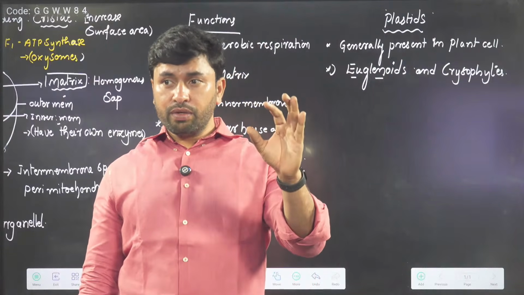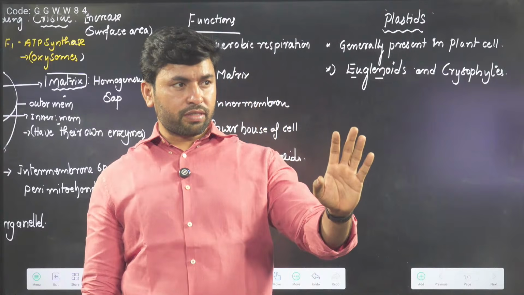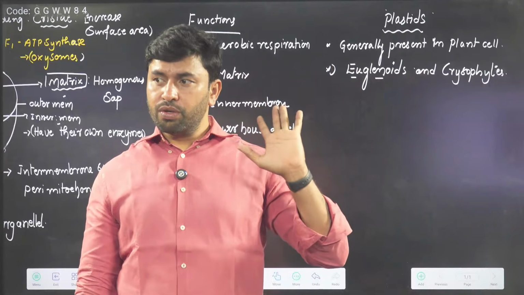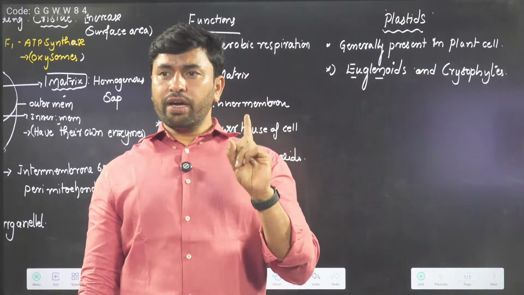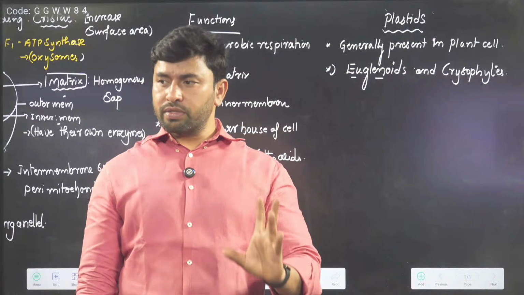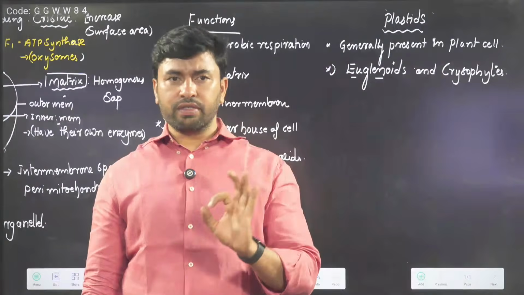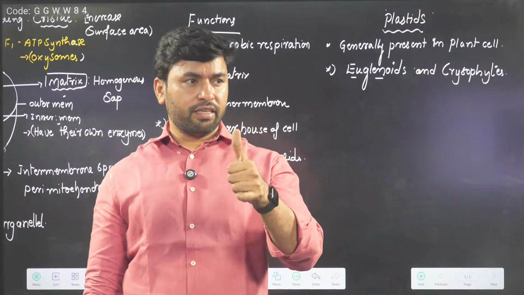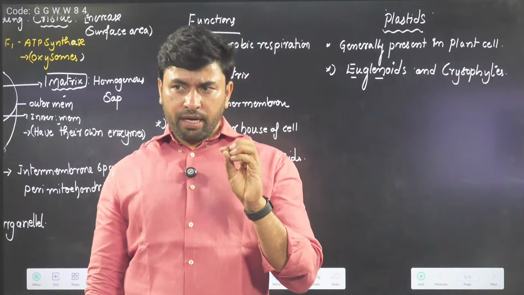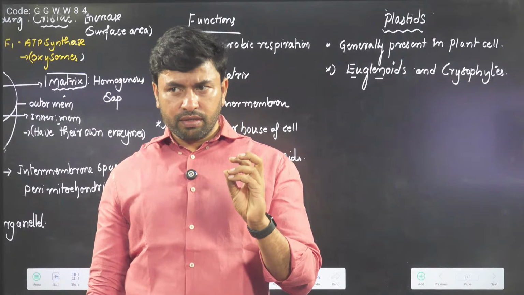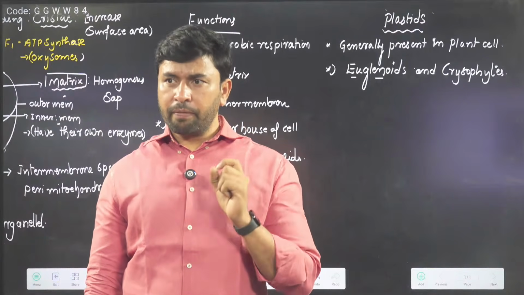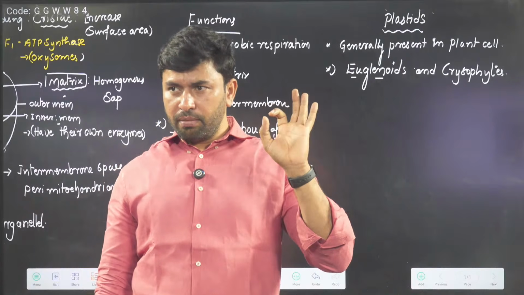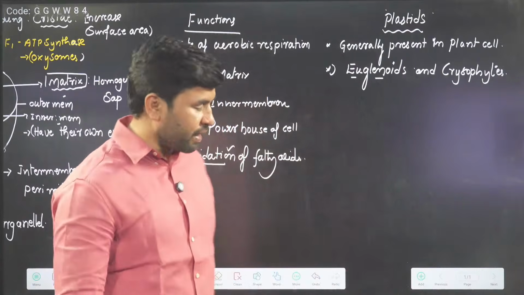If a eukaryotic cell can perform photosynthesis, I'm not talking about plants, whoever, but they belong to eukaryotic cell, that photosynthesis is definitely by the presence of plastids. Got the idea? So chromatophores are meant for photosynthesis in prokaryotic cell. Eukaryotic cell photosynthesis occurs by the presence of plastids.